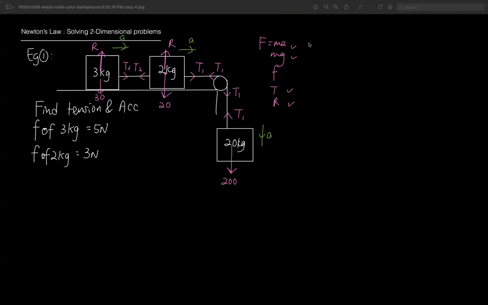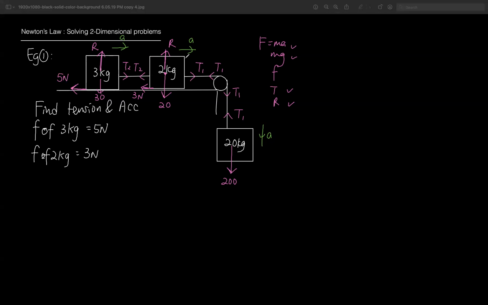Now label the friction also on the surface here. This is 5, and this is 3 Newton. After we label everything, then we start finding the acceleration and tension.